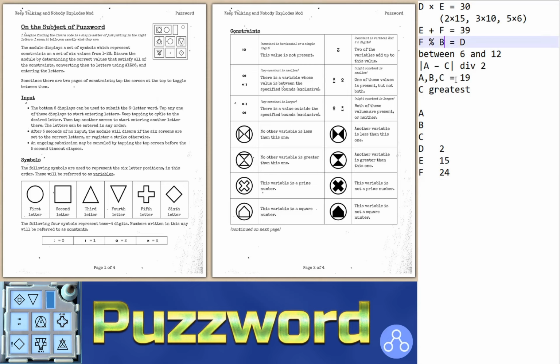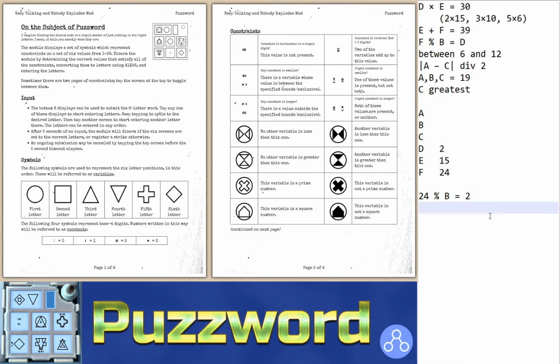Okay, now let's see what else we can do. We know that foxtrot modulo bravo is equal to delta, so 24 modulo bravo is equal to 2. So obviously bravo can't be 1, or 2, for that matter, but bravo could be 22, for example.